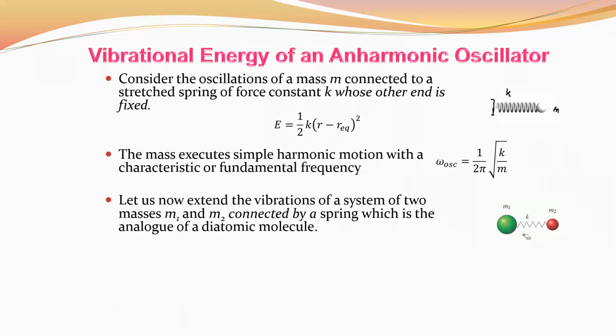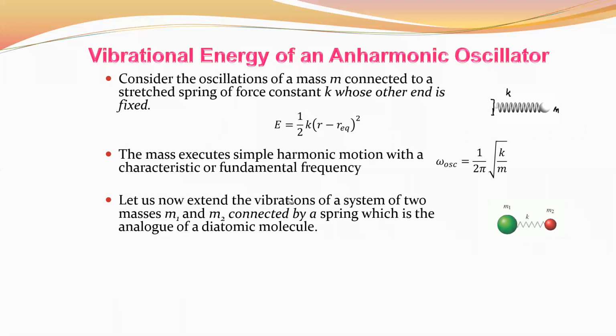We have discussed the diatomic molecule, rigid rotator. In the case of rotation spectroscopy, we have discussed that a two-body problem can be converted into a one-body problem by replacing the mass with reduced mass.